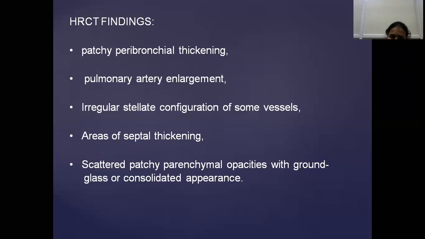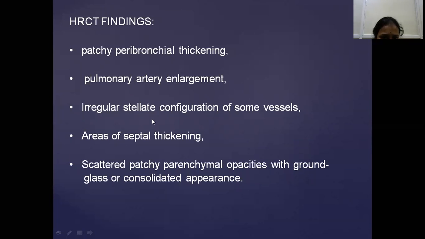There is pulmonary artery enlargement. Why? Because this is a vasculitis involving medium and small vessels. So there is enlargement of the pulmonary artery, and an irregular stellate configuration of some vessels because of deposition of extravascular granulomas.